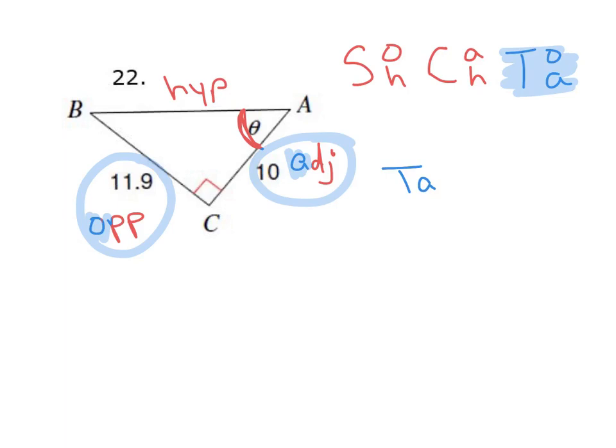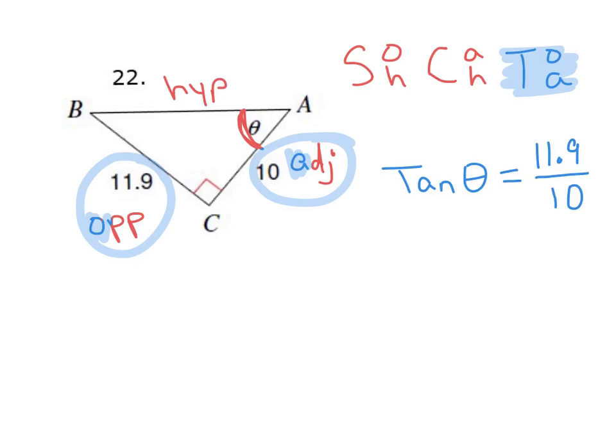Tangent of theta is equal to my opposite, which is 11.9, divided by my adjacent, which is 10. Because we're looking for the angle, we're going to use the inverse, because that's what you do when you're solving. You use inverse operations.